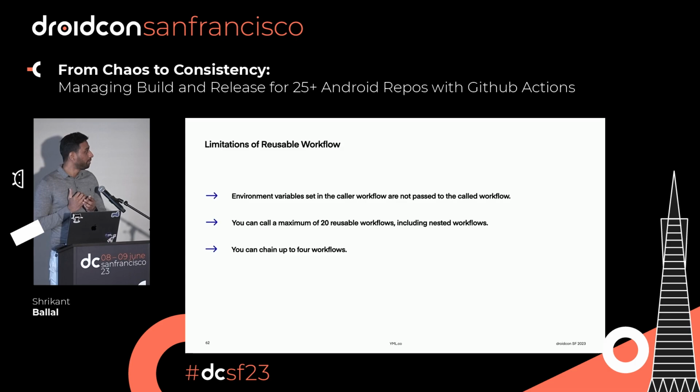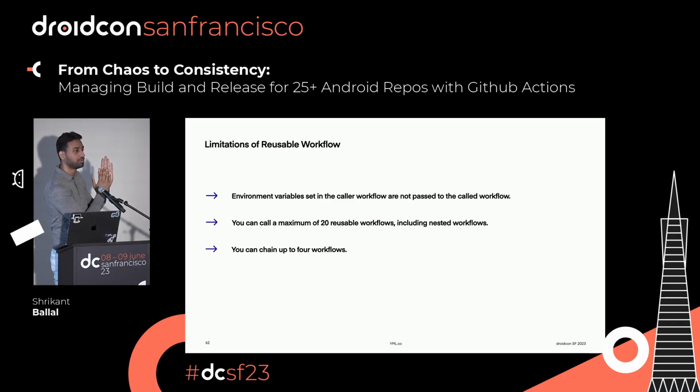You can call a maximum of 20 reusable workflows from one file, and that includes your nested workflows. So you can have a main caller workflow that calls a reusable workflow, that calls another reusable workflow internally. Whenever you call a reusable workflow from a caller workflow, at runtime it's kind of merged into the caller workflow.